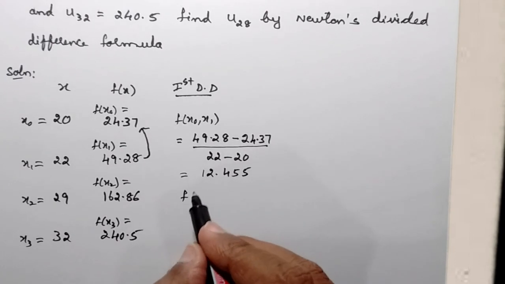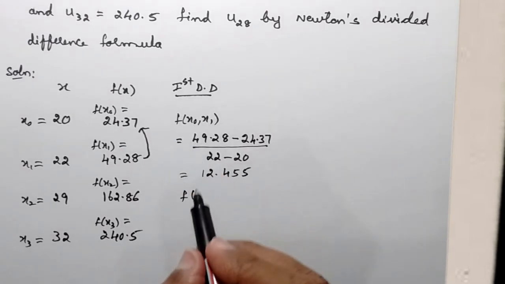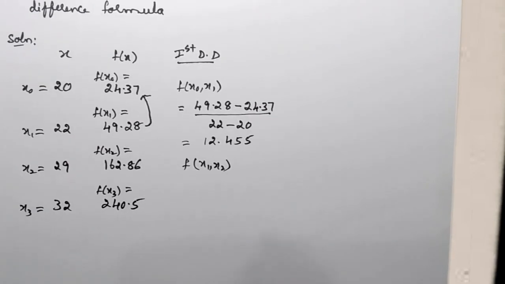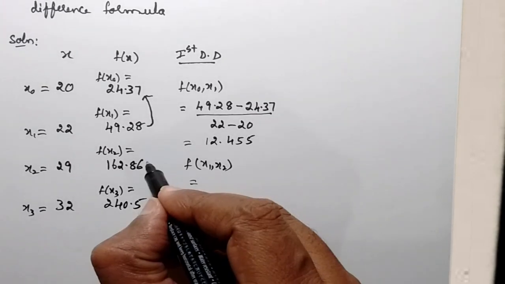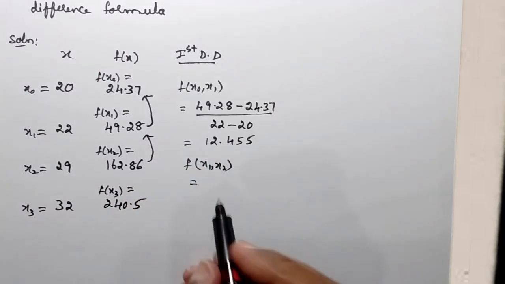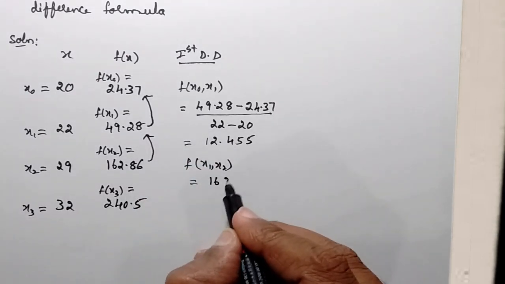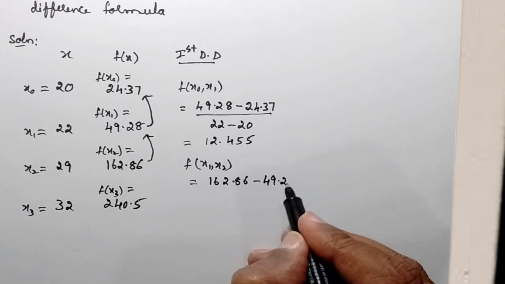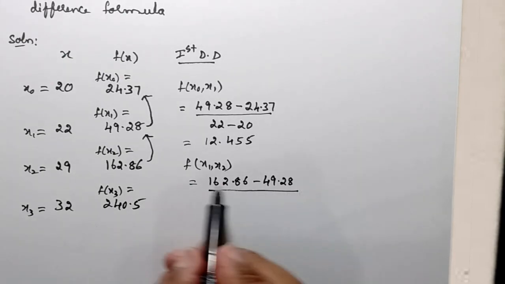Then f of x0, after x0 you will get x1. So x1, x2. For x1, x2, how to find out? You have to take the difference of these two values. That is 162.86 minus 49.28 divided by, so how much?